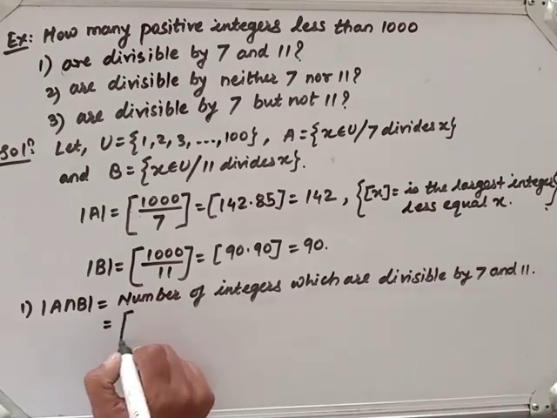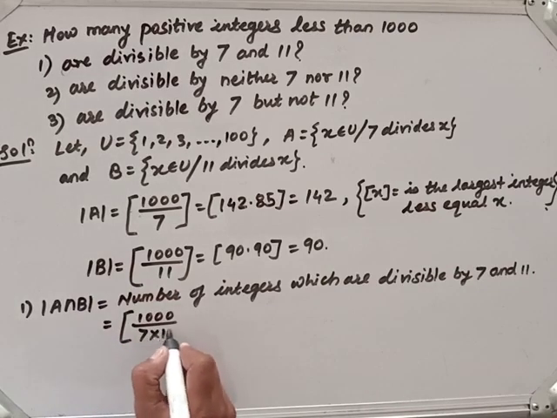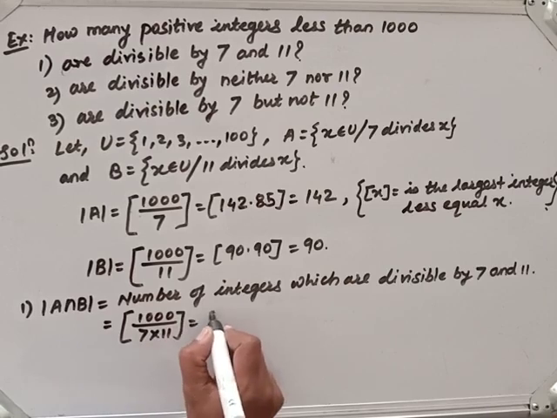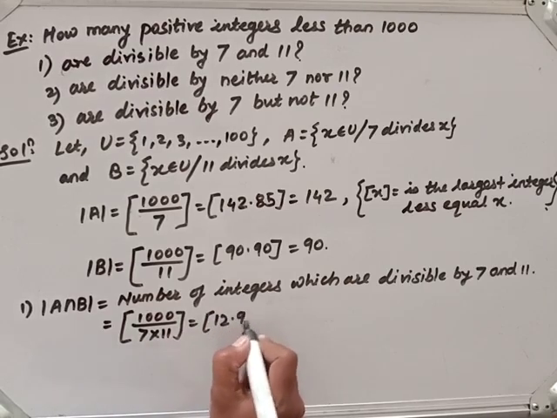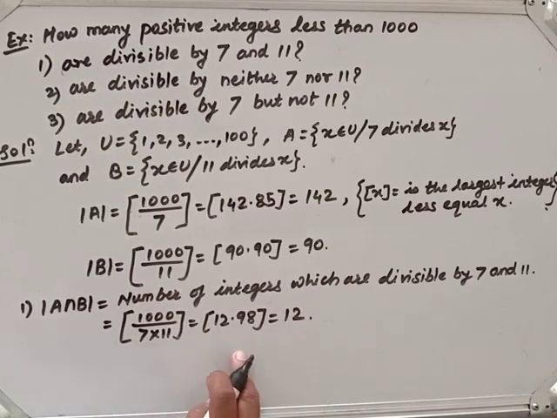So that is 1000 divided by 7 multiplied by 11, so that is 12.98. So this is how much? 12. Again we have obtained this using the greatest integer function.